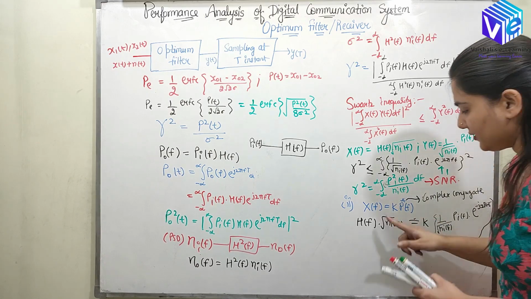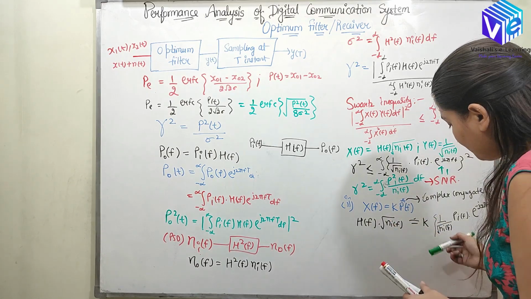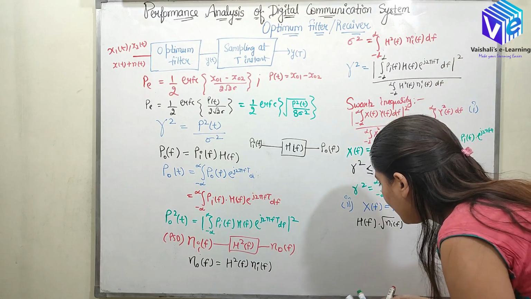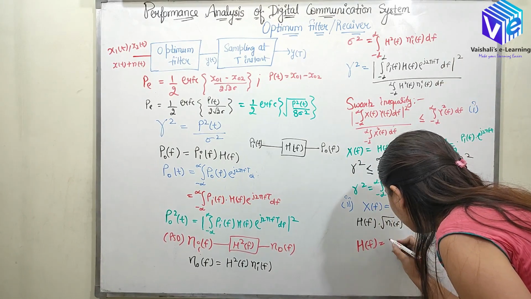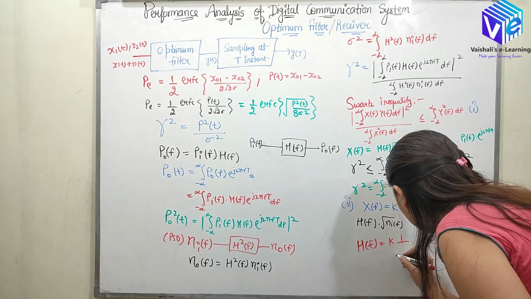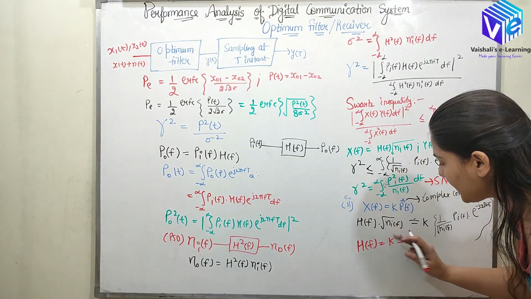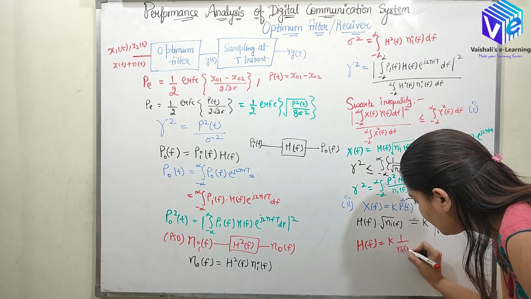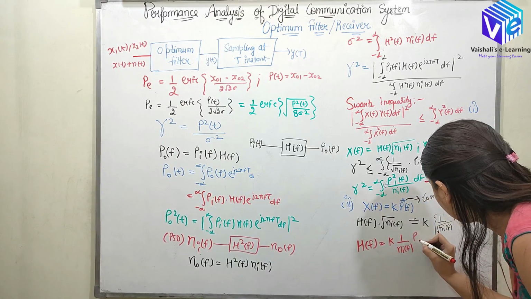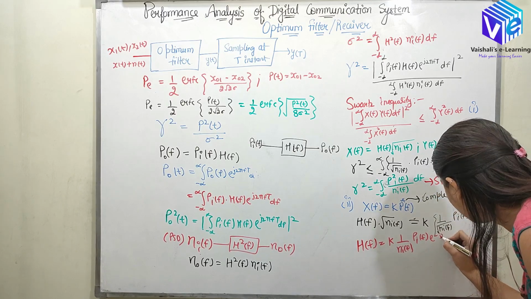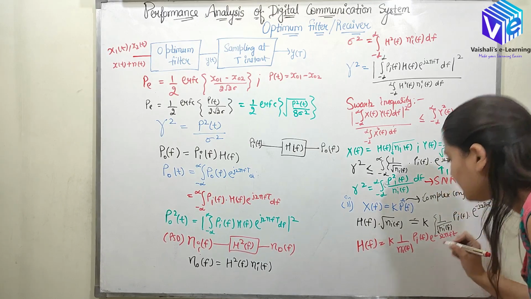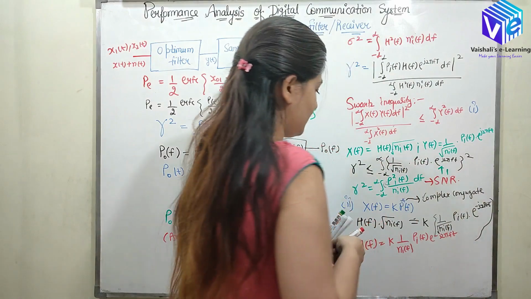Now this root of Ni would go this side and get multiplied. So H(f), the transfer function which I need to know, is equal to k into P(f) upon Ni(f) into e raised to power minus j 2 pi ft. So this is my transfer function.